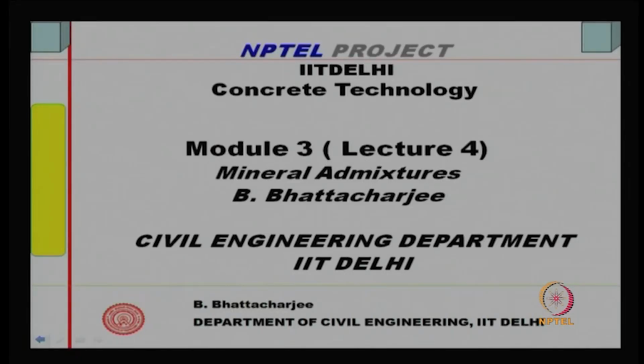Welcome to Module 3, Lecture 4. We looked into mineral admixtures, some of them in the last class, namely fly ash, ground granulated blast furnace slag, rice husk ash, and silica fume.